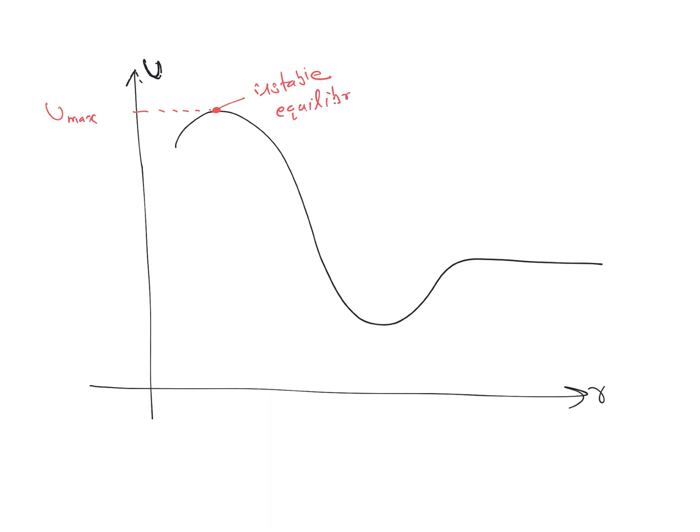When the object is at minimum potential energy, the object is in stable equilibrium. And when the object has a constant potential energy, the object is said to be in neutral equilibrium.